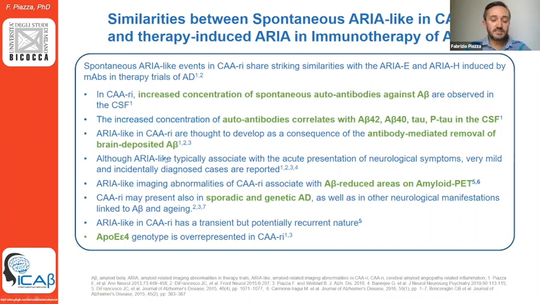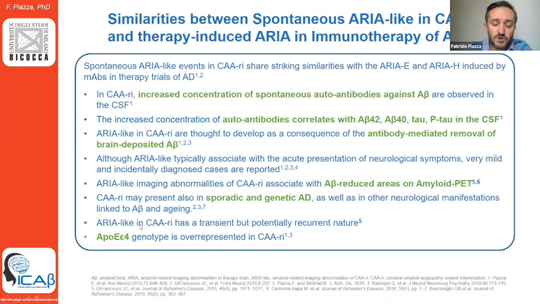Today, the disease is becoming very rapidly recognized also in the neurology community, with more incidentally diagnosed cases, and very mild symptomatic cases are also reported in CAA-ri. And also ARIA-like events may present not only in CAA, but in sporadic and genetic AD, as well as in other neurological manifestations linked to aging and so to the deposition of beta amyloid.